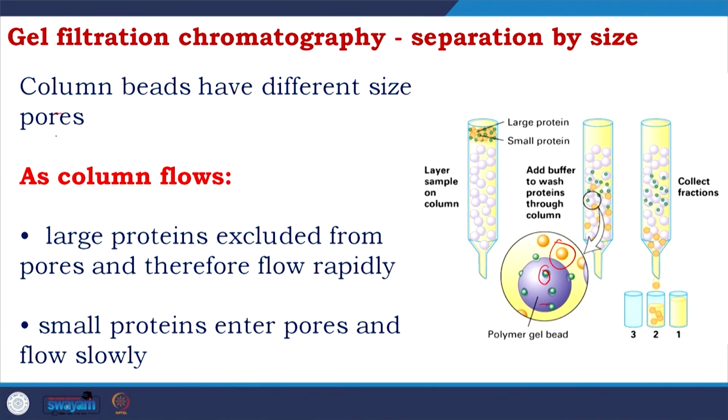But if you are fat enough that you could not enter the pipe, then you are allowed not to go into the pipe. So, in most such cases, people who are overweight finish first. That happens in size exclusion chromatography or gel filtration chromatography. The large protein is excluded from pores and therefore flows rapidly. Small proteins enter pores and flow slowly.